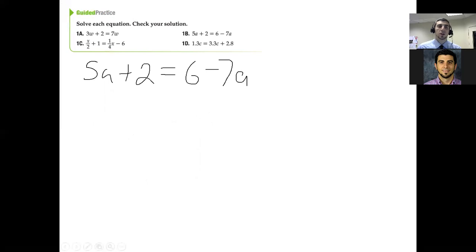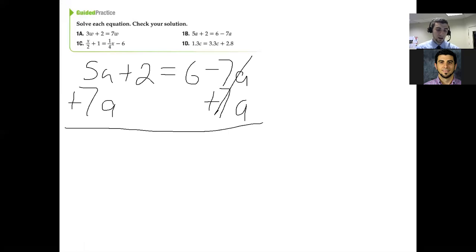B, so 5a plus 2 equals 6 minus 7a. Now here we have a choice, because you could subtract 5a from both sides or add 7a to both sides. And what I would do is add 7a to both sides, because it's a lot easier in my mind to work with positive numbers.